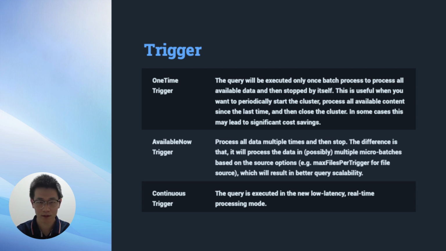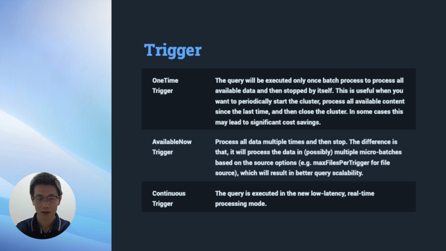There's another type called the available now trigger. This is actually similar to the one-time trigger. It also processes your data source all at once. However, there's a difference. It means I may process your data source in multiple batches, increasing parallelism by splitting your data source into multiple pieces.